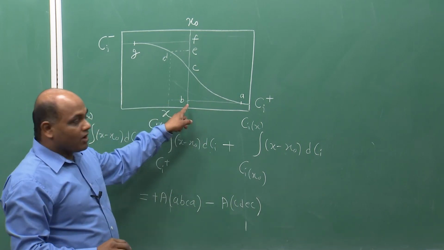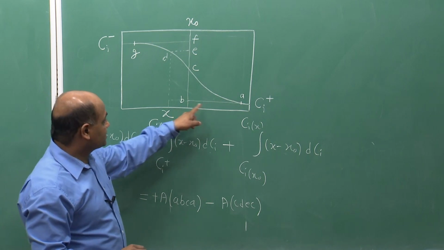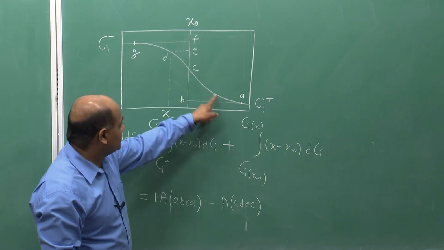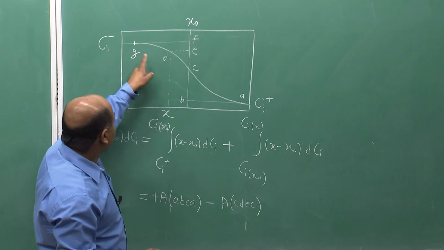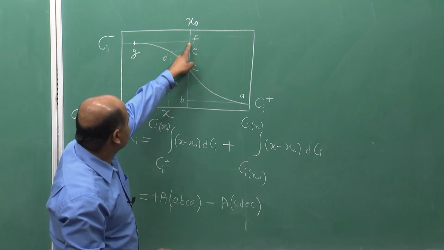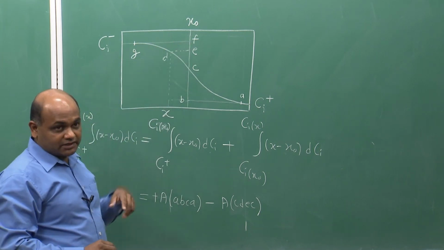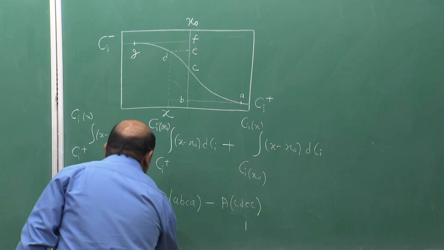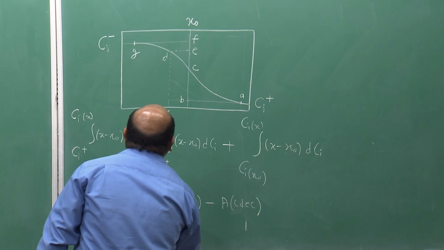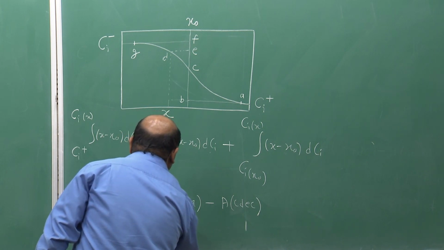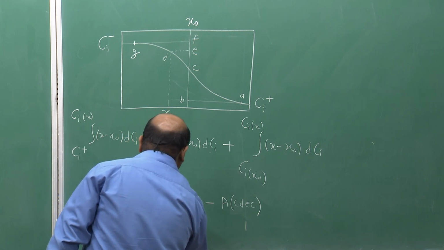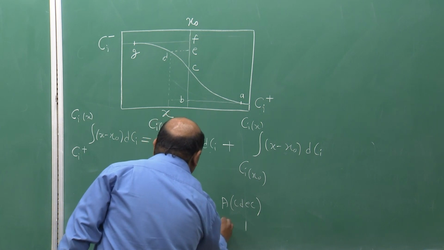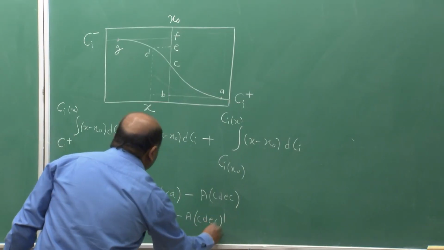And the way we found the Matano plane, we know this area ABC should be equal to area GCF, right? That is how we found the Matano plane. So, we can write this as area GCF minus area CDE.